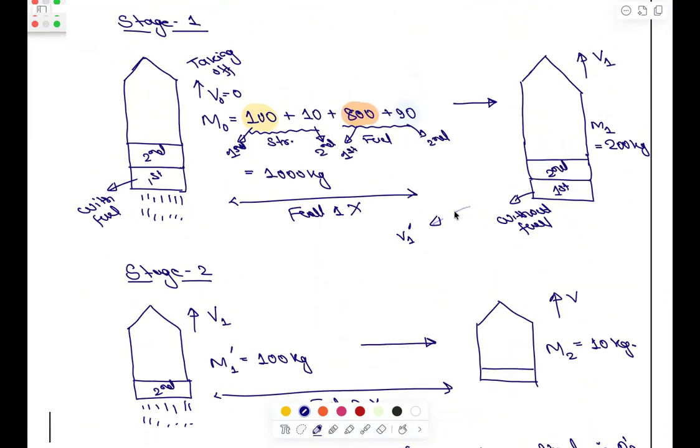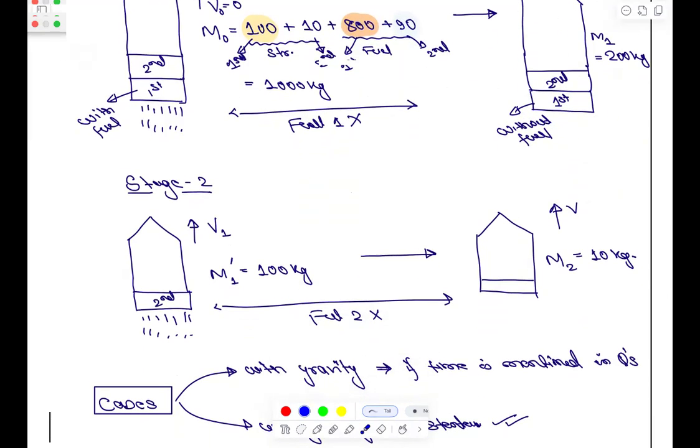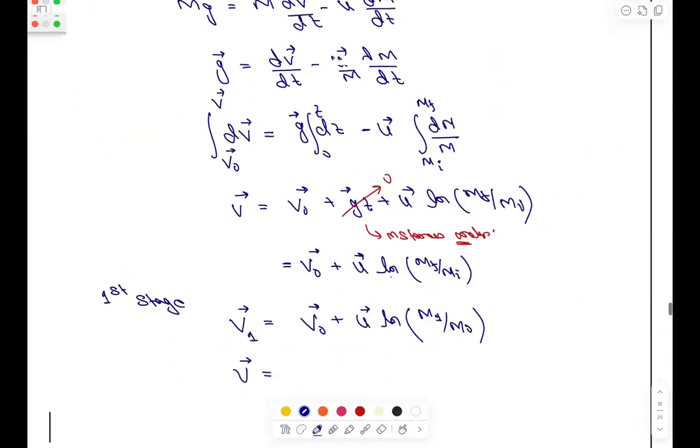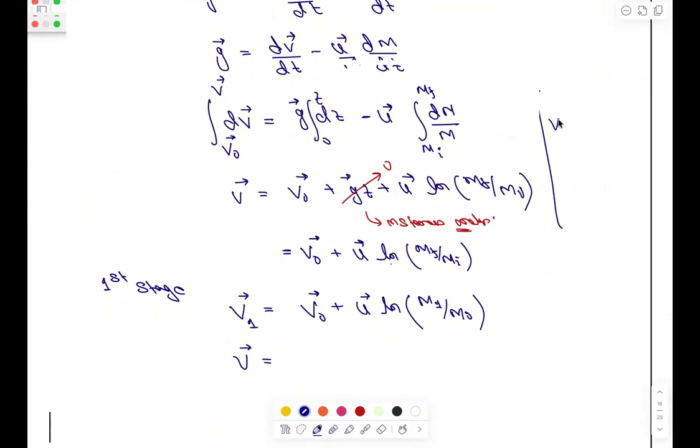If the first one is ejected out, it will get some v1 dash speed, but we are not doing that, because we are going to do the instantaneous analysis. So we are just saying that it went from v naught to v1 and from v1 to v, and the only thing we are considering is the exhaustion of the fuel.